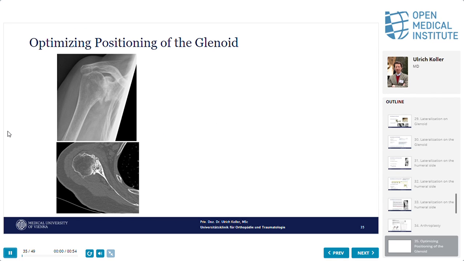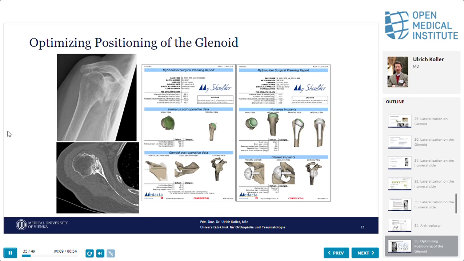That's important to know. So optimizing positioning of the glenoid, how can we do that? We already said this is quite important nowadays for me, to have a proper idea and a good imagination of how our anatomy looks, so that we know how much retroversion, how are the angles.